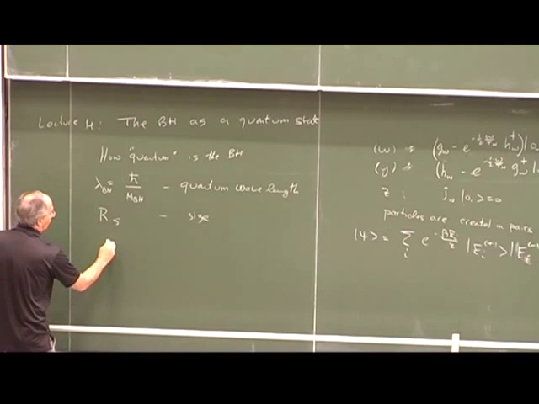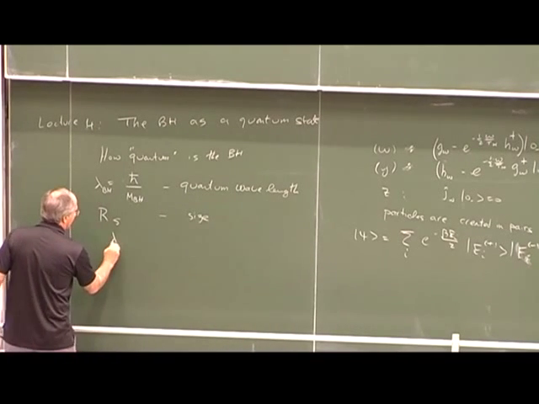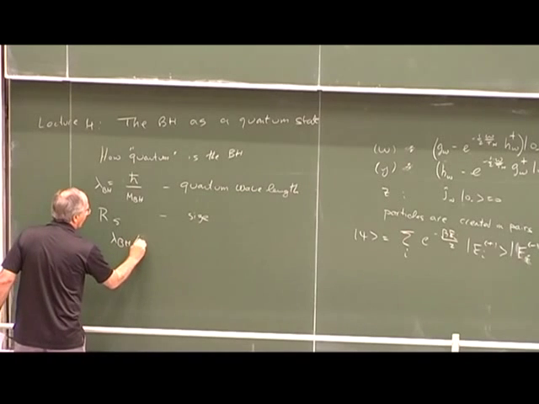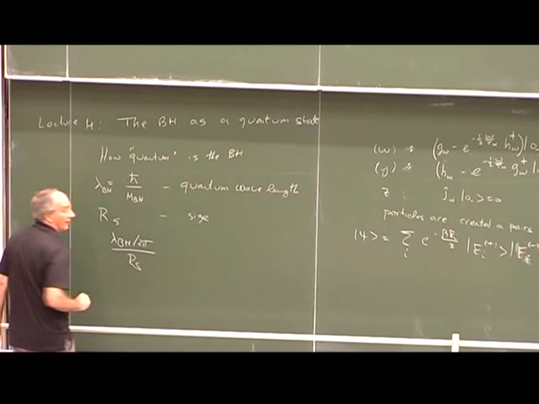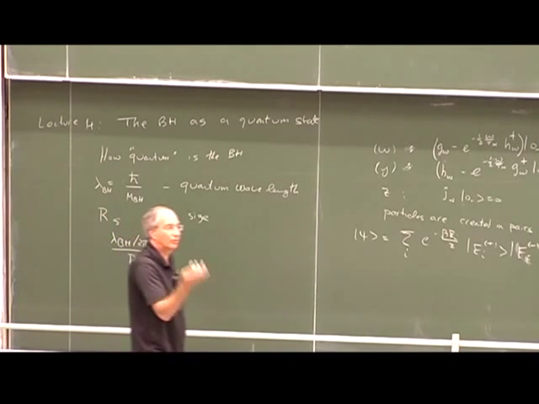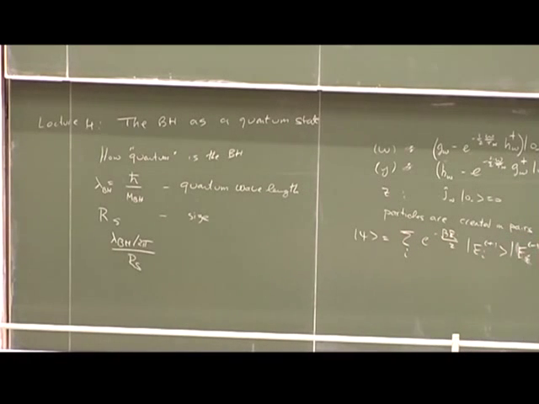A measure of quantumness is lambda BH, divided by Rs, where I actually divide by 2 pi. If I wanted to find out how quantum an object is, I would look at their quantum wavelengths and I would compare it to some classical size that they have.